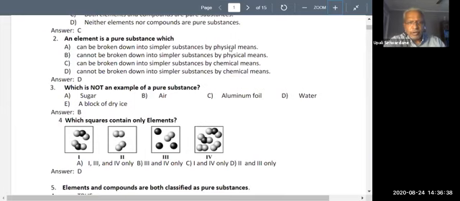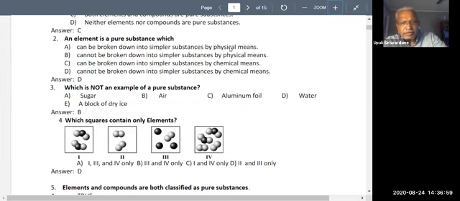An element is a pure substance which cannot be broken down to simpler substances by chemical means.